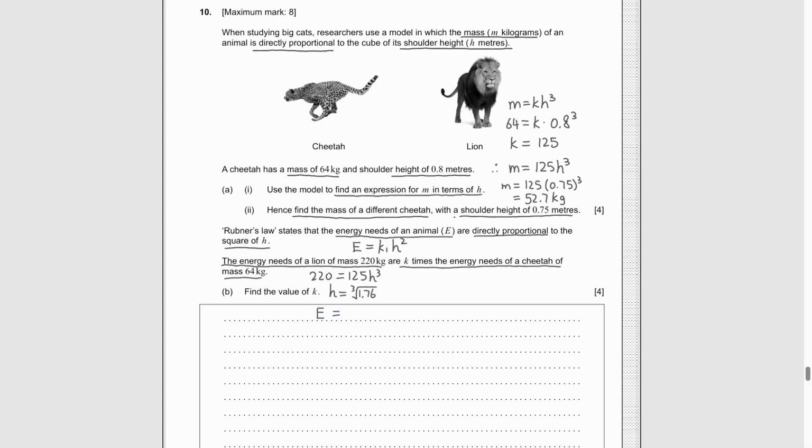Then we can write down the lion's energy as k1 times the lion's height squared. Similarly, we write the cheetah's energy as k1 times the cheetah's height squared. Setting the lion's energy equal to k times the cheetah's energy, we solve for k. The result is k is equal to 2.28.